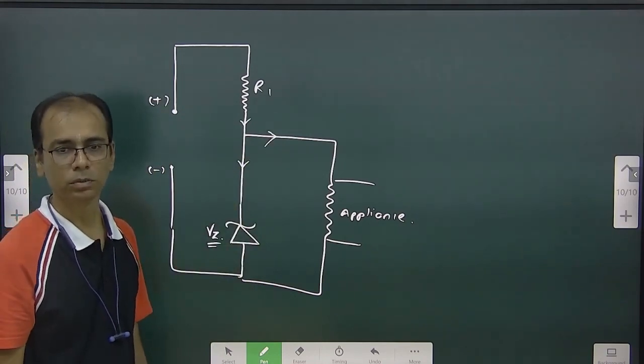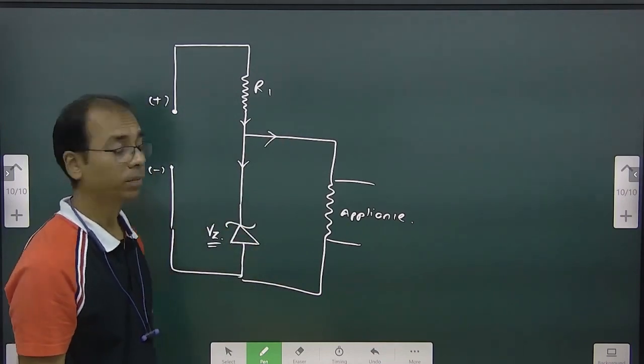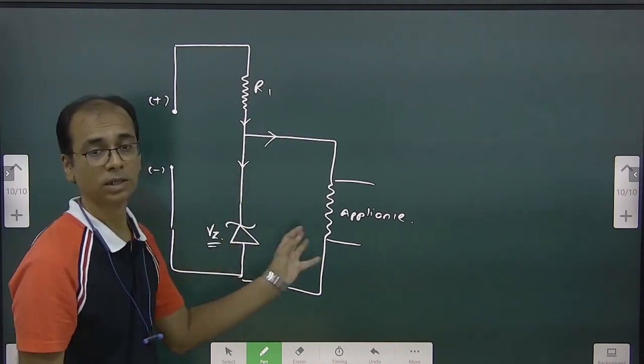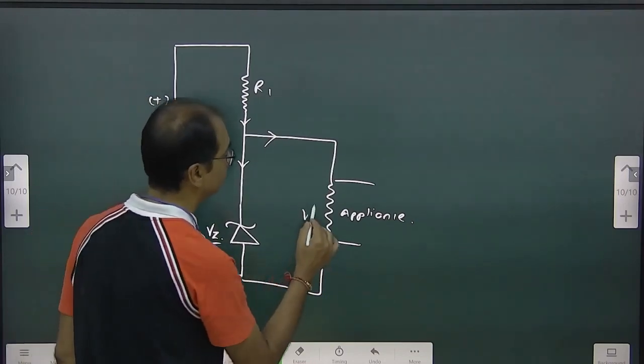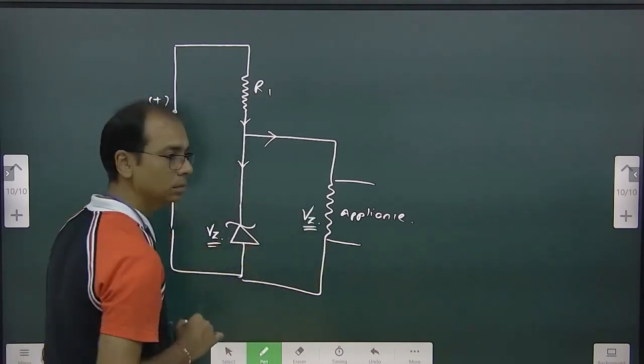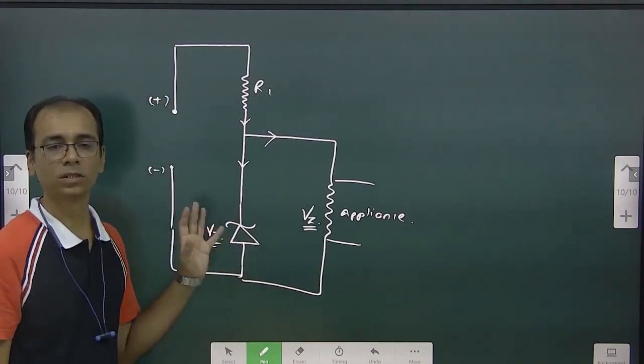It will split in two. The current going into this one will have the same potential as this, because it's connected in parallel. So whatever is Vz, the same Vz will be received here. It will not get more, because this Vz is not going to change.